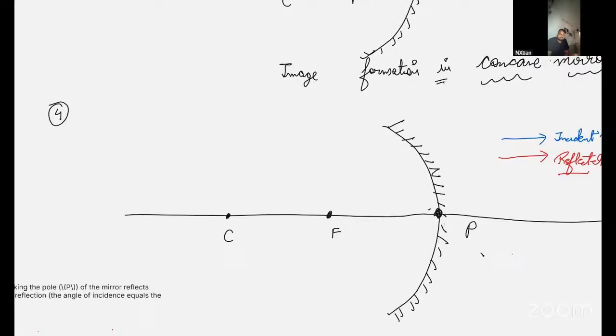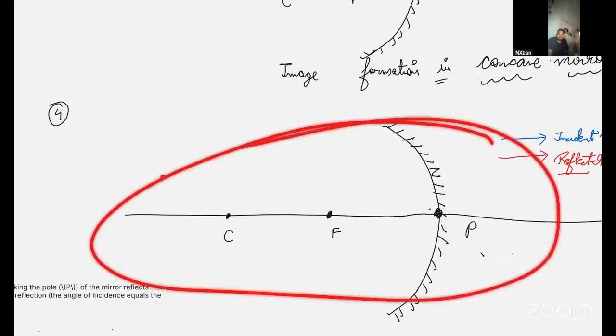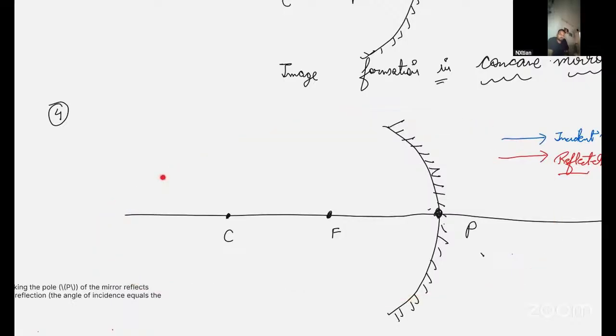Now I want you guys to draw the mirror properly with a compass and everything which I told you. Quickly draw the concave mirror, this whole structure, with proper compass and scale. I'm waiting for you guys.